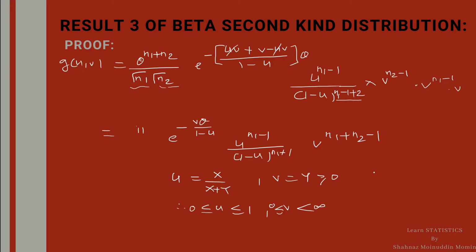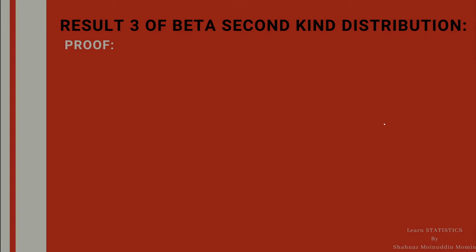But we want a marginal of U, means we want a marginal distribution of U. In order to get the marginal distribution of U, we integrate the joint of U and V with respect to V. So let us start to calculate the marginal of U. Therefore g of U is equal to integration 0 to infinity g(u,v) dV.